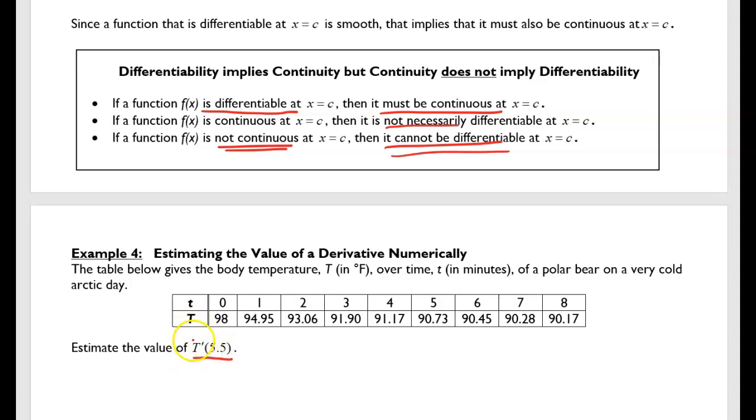When we see that derivative, it's really asking me for the slope of the tangent line at t equals 5.5. So I don't know what this graph looks like exactly, so I can't draw a point at 5.5, but it does say to estimate. So pay attention to that word estimate, because that can give you a clue on how to do this problem. So essentially what we want to do is just approximate what the slope would be.